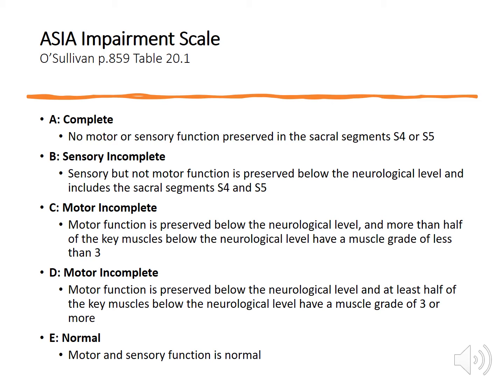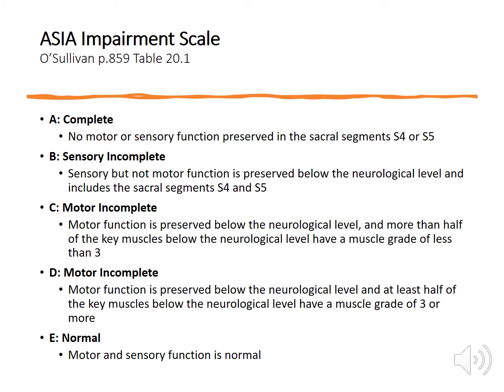So there is going to be sacral sparing here, but there is no motor function below that biceps. So the biceps is the only muscle that is going to be a 3 out of 5. Everything above that is going to be 5 out of 5. This would be a C5 level B or a C5 sensory incomplete.